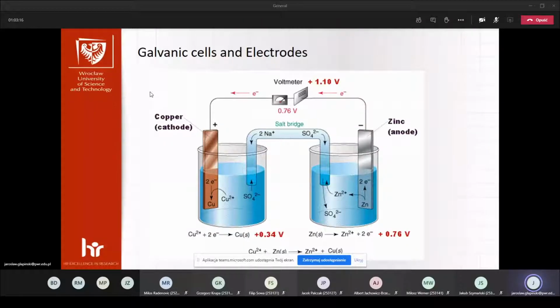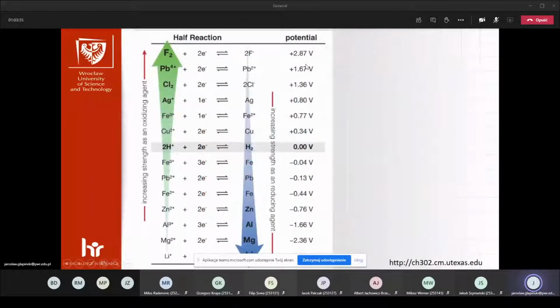In this example, it was shown that we could use zinc and copper as the anode and the cathode. But we can use different materials, and this is the table where we can see the potential of the materials.